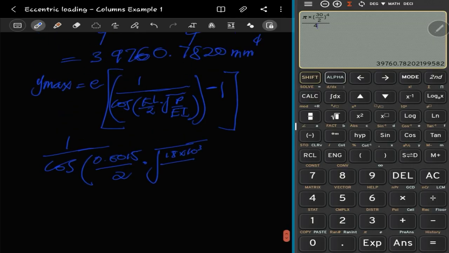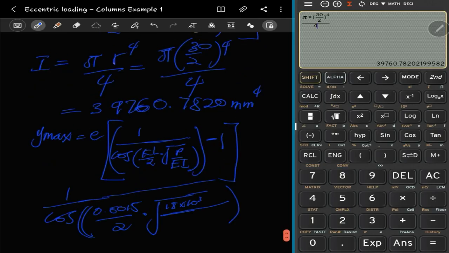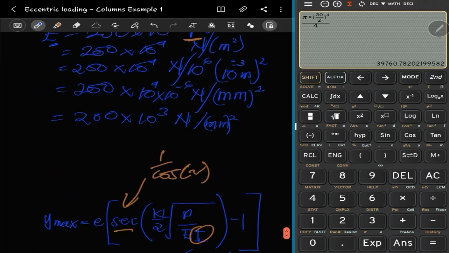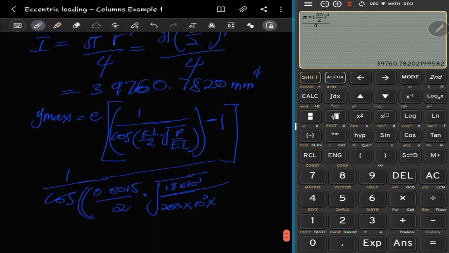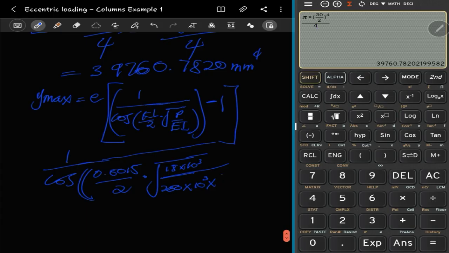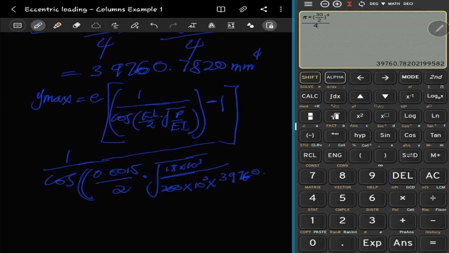Then our E is 200 times 10 to the power 3, and our I is 39760.7820.